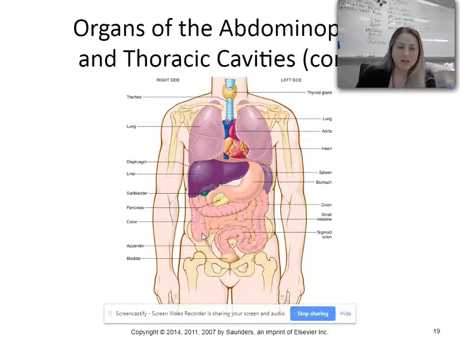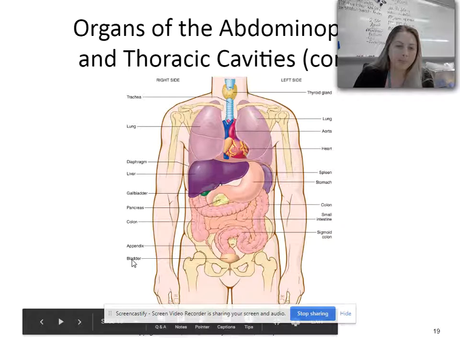Your appendix hangs off of the first part of your large intestine here. Okay, and it plays a role in immunities, kind of part of the lymphatic system, if you will, to trap bad things that have made it through your small intestine into your large intestine. And then you have your urinary bladder right here down at the bottom.